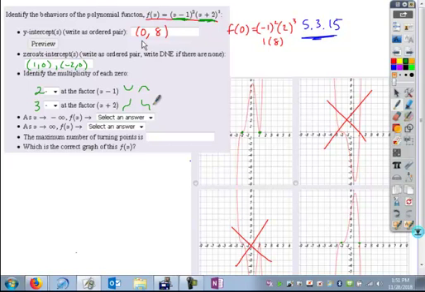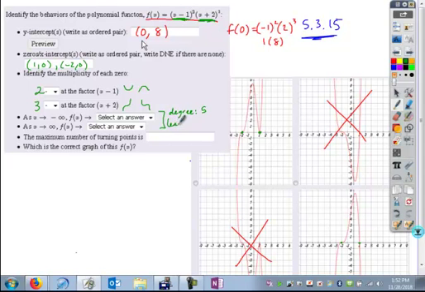Now, in order to determine where it's coming from, is it coming from the left and up, or from the left and down, you look at your leading coefficient and your powers. This behavior has to do with the degree of your polynomial. When you go back to this factored form, you have 3 factors of x here and 2 factors of x here, which gives you a total of 5. So your degree is 5.